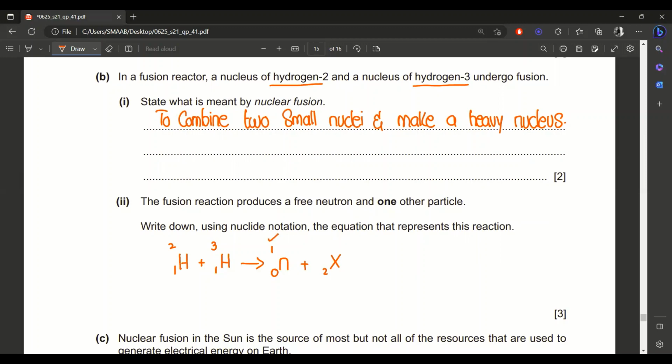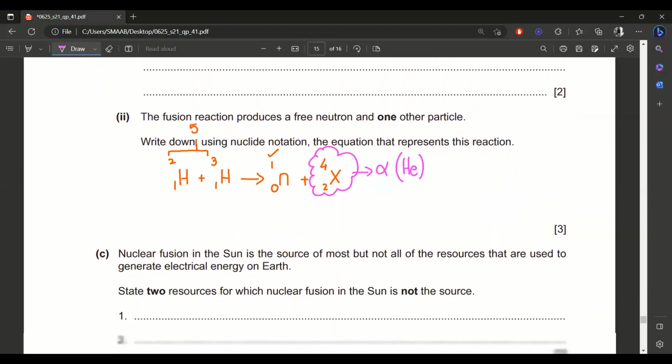So we are left with 4, because here we have 2 plus 3, total 5, subtracted by 1, so we get 4 over here. And it is most probably helium, because this is the alpha particle, and we mostly consider an alpha particle as a helium nucleus. So you may write helium over here rather than writing X.